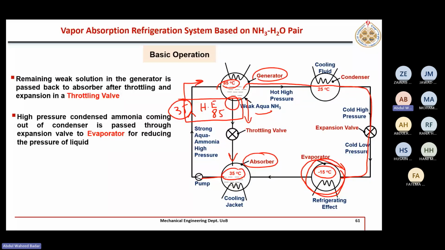That's why we need to make sure that no water evaporates with ammonia. But the issue is that the boiling point difference between ammonia and water is not that big. And also water is a very volatile substance. At every temperature, some of the water may be evaporating from its surface. It's not like lithium bromide, which is normally a salt. So that is the major issue.